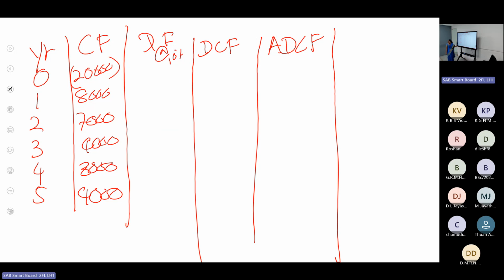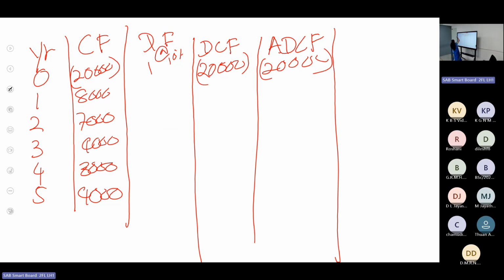Then discount factors. First year, the initial 20,000 is at year 0, but we'll start from the first year onwards.